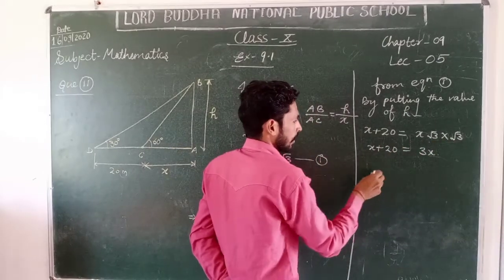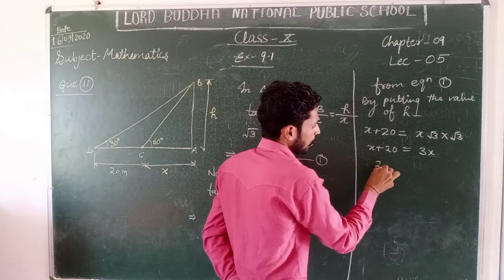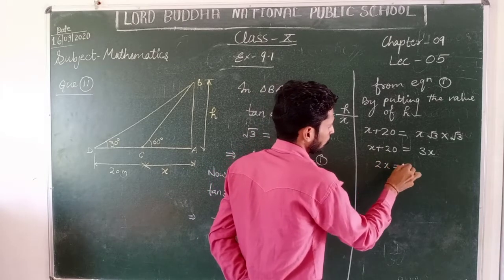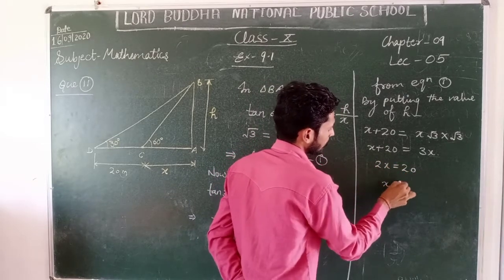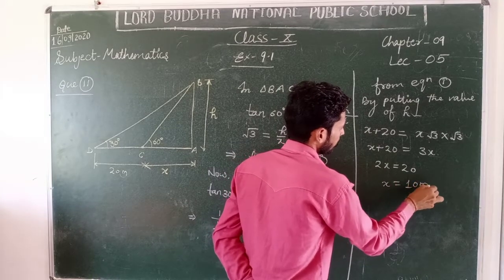So 3x, and here will be 2x equals 20 and x equals 10 meters.